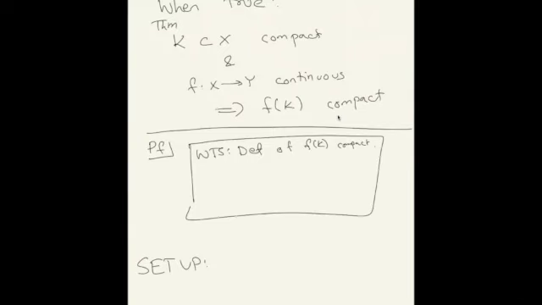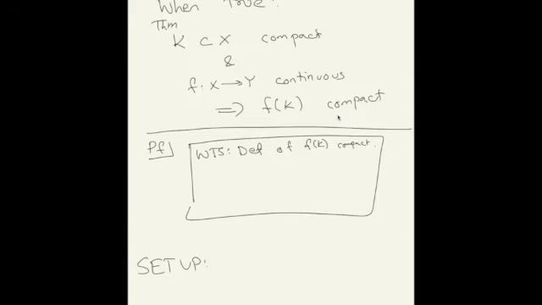So this statement is correct, and its proof now looks very similar. First, what are we showing? We have to state the definition to help us focus. We want to show that the image is compact.